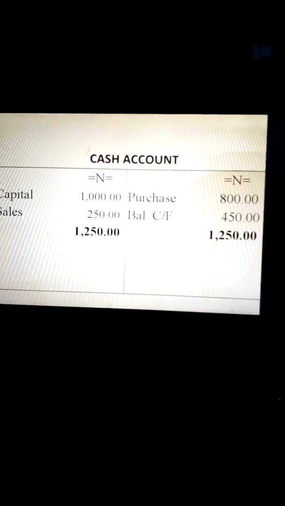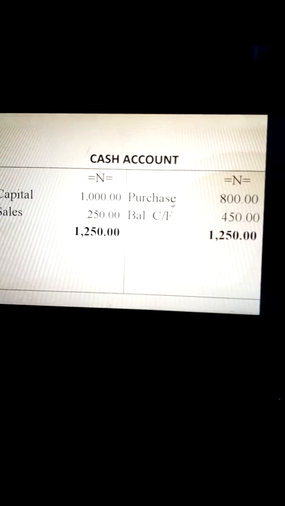So purchase account and cash account. So remember again, because the purchase is reducing the asset, and remember, our ALCRE asset has a debit balance, so whatever is increasing asset must be debited, but when it's reducing asset, it will be credited.